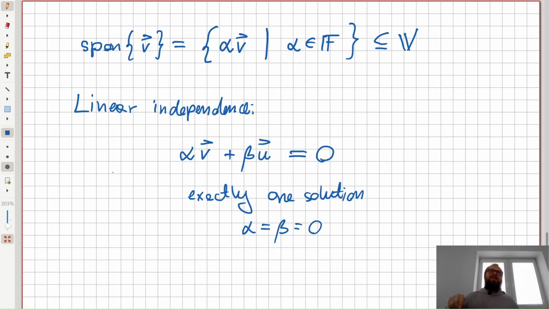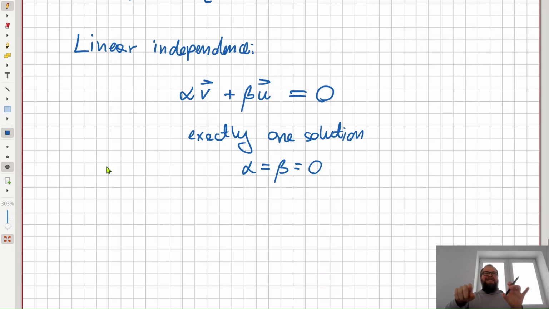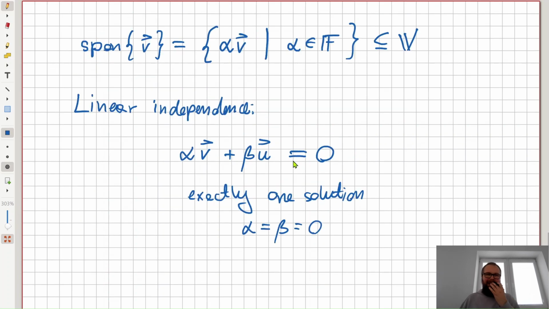The only way to satisfy this equation, if they are not in each other's span, is to put everything to 0 identically. If this equation has only one solution of this kind, you say that V and U are linearly independent. You can imagine that this definition is very nice because you can add more vectors later, with the same kind of condition imposed on it.